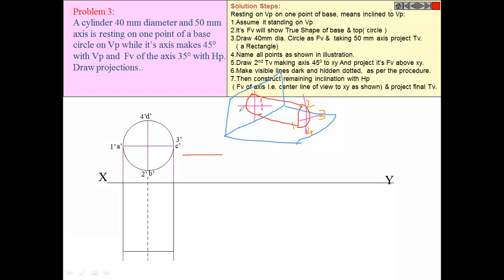And I will give this an alphabetic name, that is A, B, C, and D. So when you see this from the front view, all these points will coincide with each other, isn't it? Correct or not? Yes, sir.